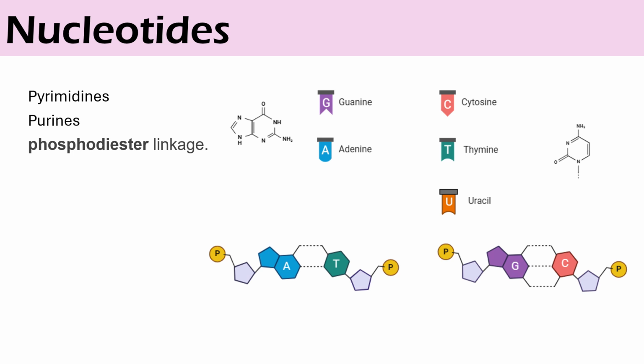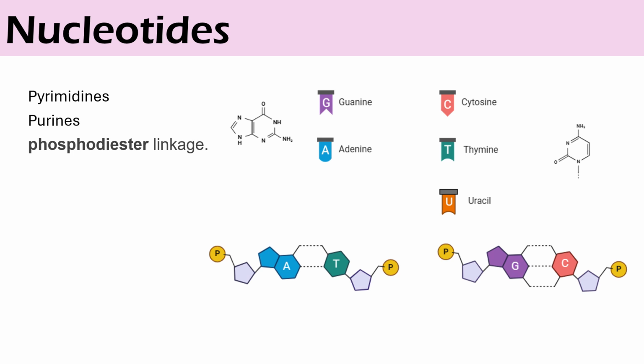A phosphodiester linkage is a chemical bond that forms the backbone of DNA, the repeating sugar, phosphate, sugar, phosphate, sugar, phosphate. It occurs when a phosphate group connects two sugar molecules in adjacent nucleotides. And it does that through a bond called an ester bond.